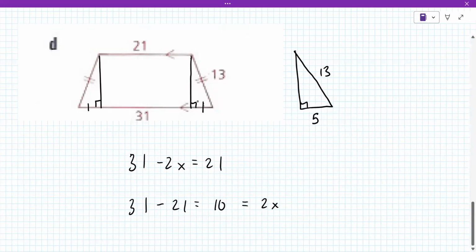So now can you calculate the height of this triangle? Yes.